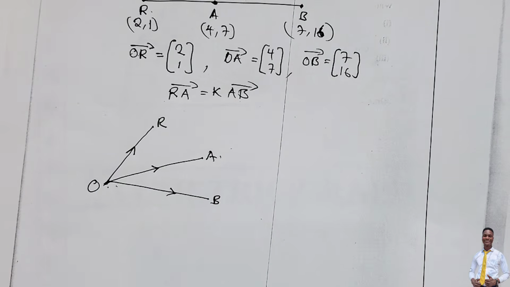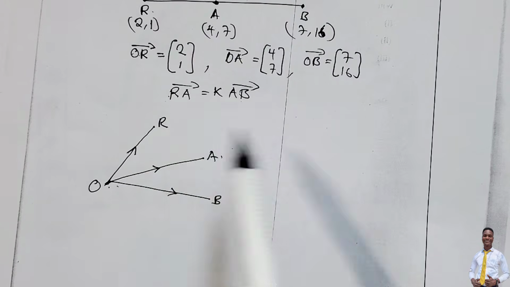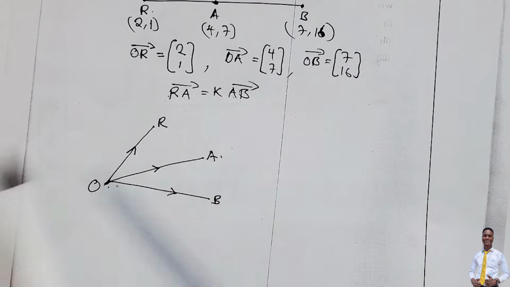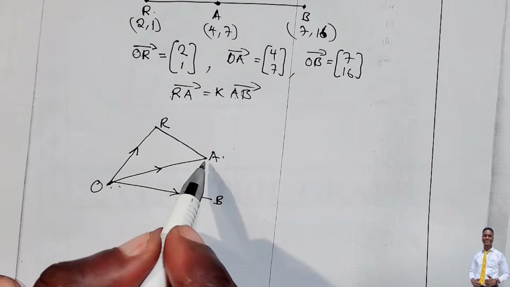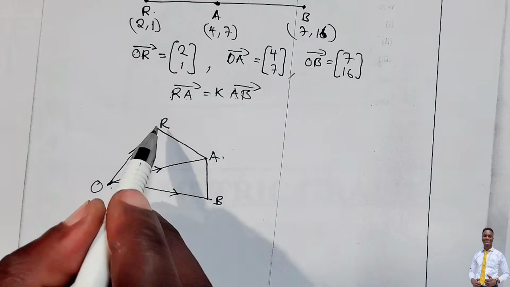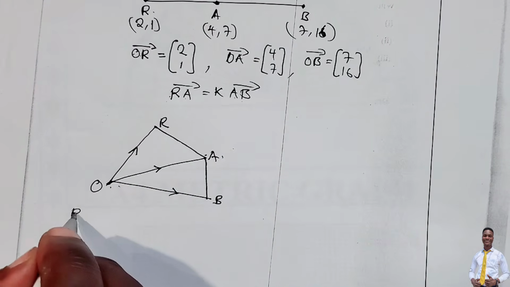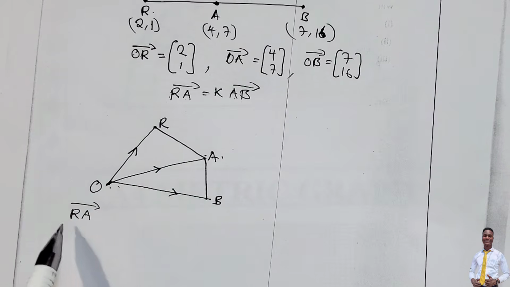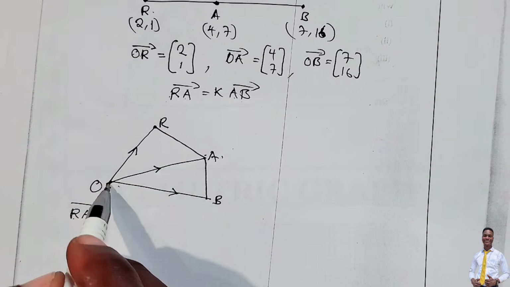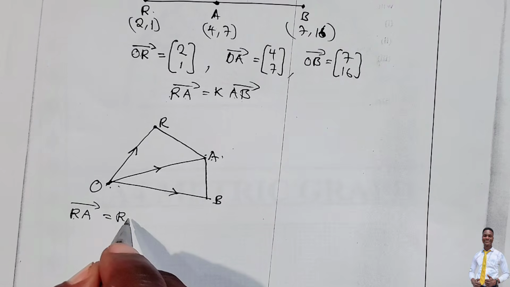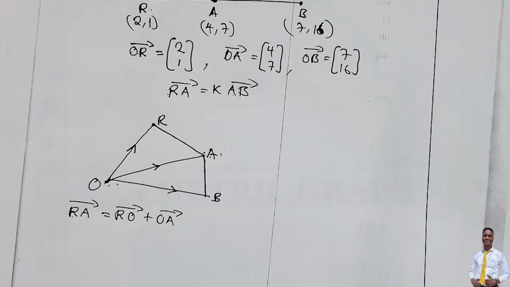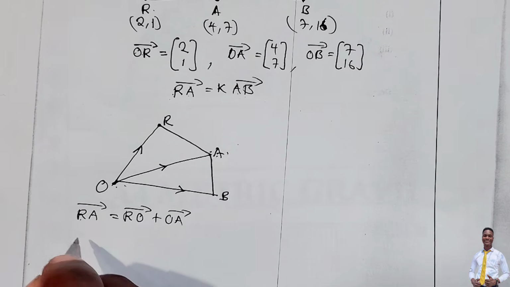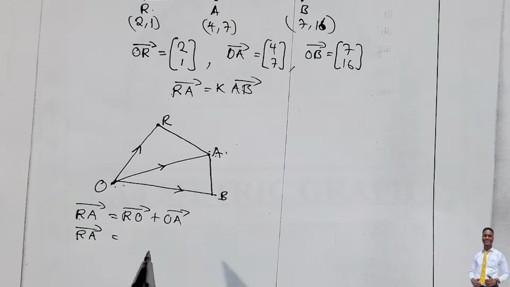Now, look at the formula. We need to find RA and AB for us to prove that these are collinear. So to find RA, the origin is R here. We're going to move RO plus OA. Vector RA is RO plus OA.